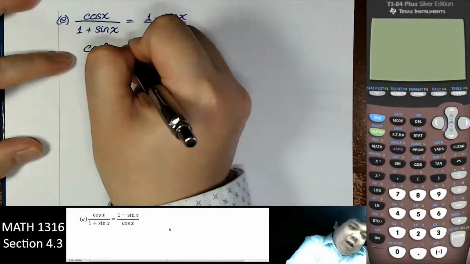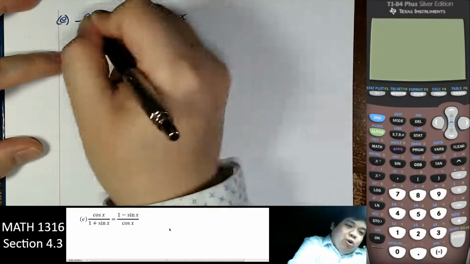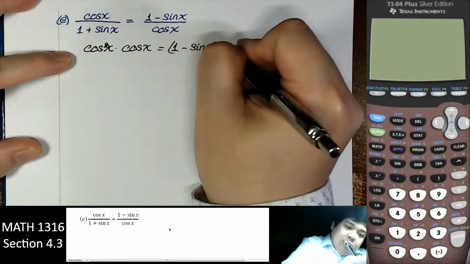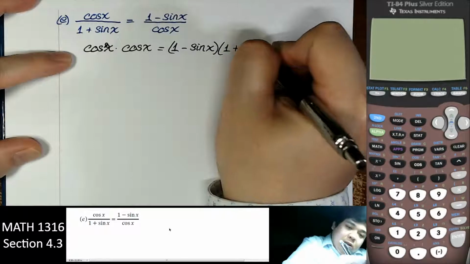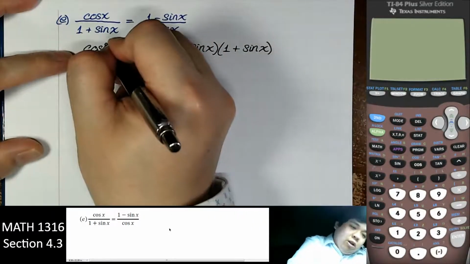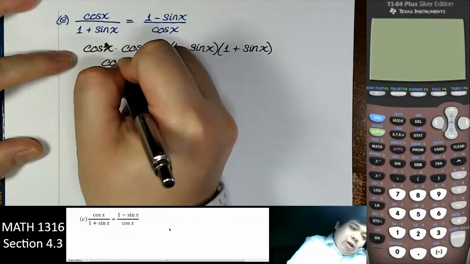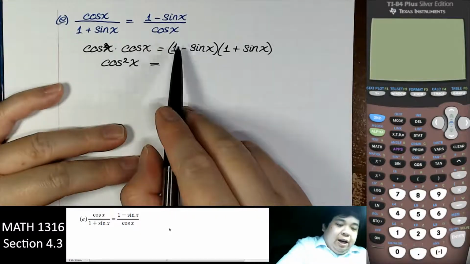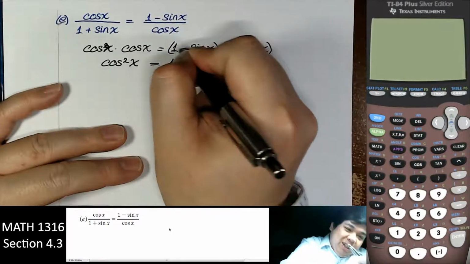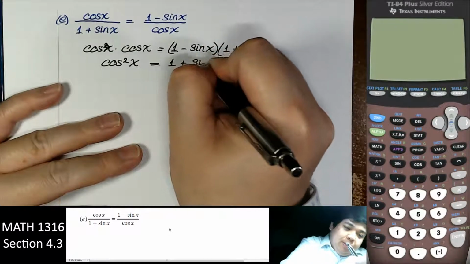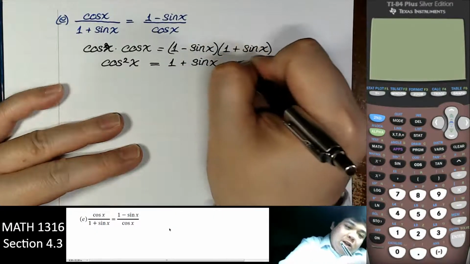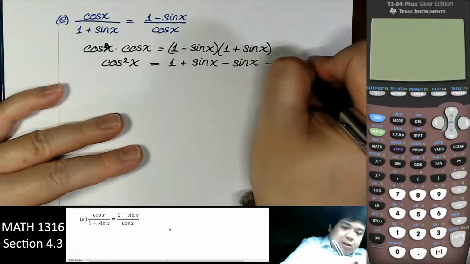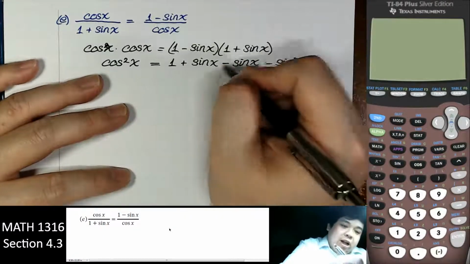Not just multiply, cross multiply. Cosine times cosine is cosine square. And then multiply them out. 1 times 1, 1 times sine x, negative sine x times 1, and sine x times sine x. Sine x and sine x cancel out.